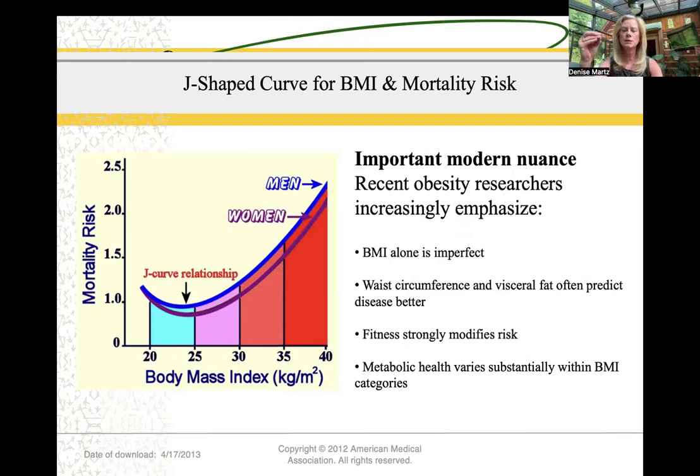And one of the simplest measures of fitness, and I know we've got exercise science majors here in the audience, is resting heart rate right when you wake up, before you get up and move around and have food and coffee and all that kind of stuff. The lower your heart rate is in the morning, the better the indicator of fitness, and fitness is going to happen through physical activity and exercise.